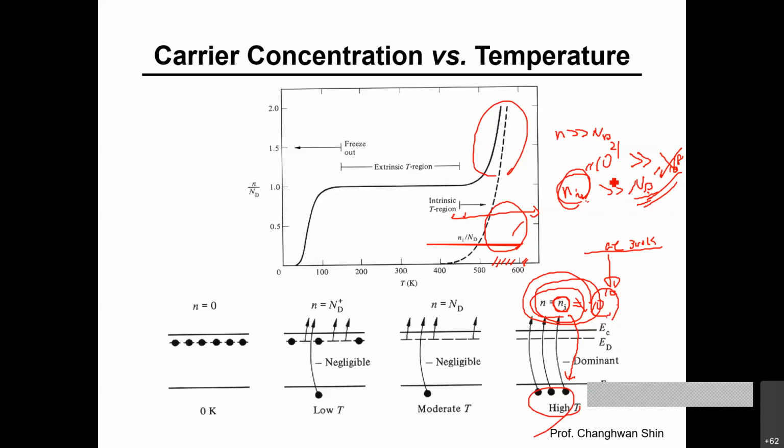Okay, the total number of electrons at this high temperature, such as 600 Kelvin, is not anymore dependent on doping concentration, because the donors and acceptors concentration is much lower than the electron hole pairs created at this high temperature. Okay?